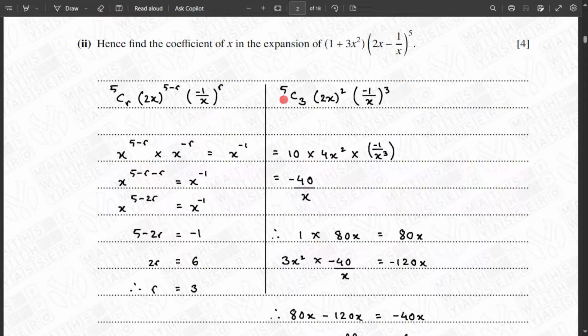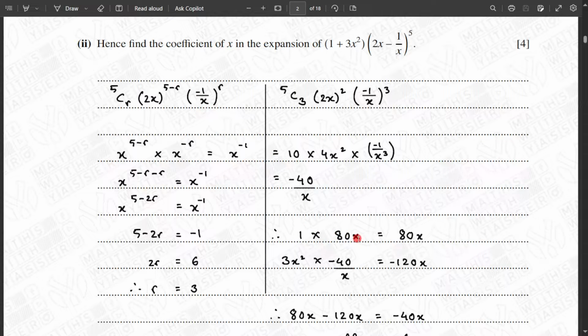So when r is equal to 3, 5C3 times (2x)^2, because 5 - 3 is 2, and (-1/x)^3. 5C3 is 10 and (2x)^2 is 4x^2, times -1 over x^3. So this will be -40 over x.